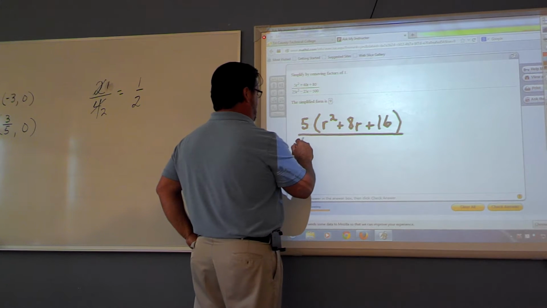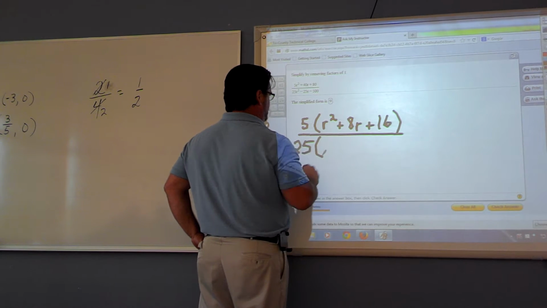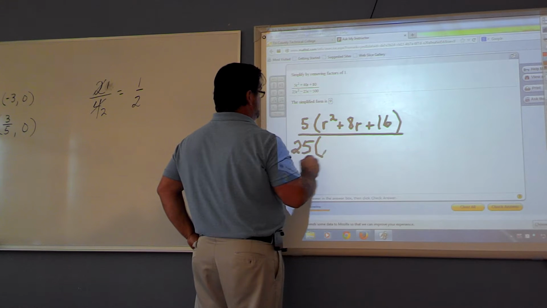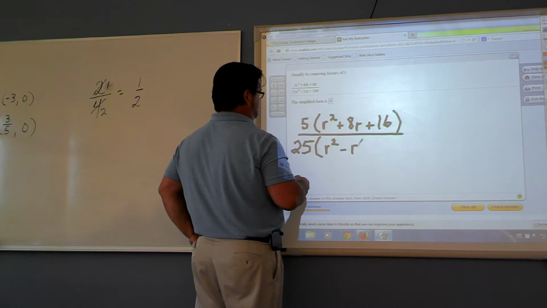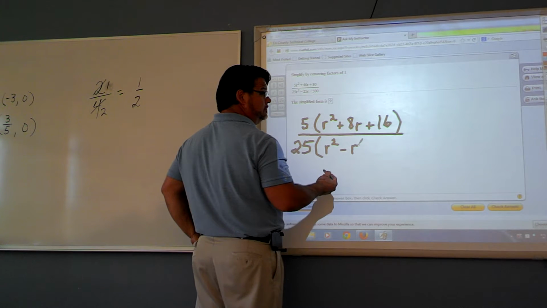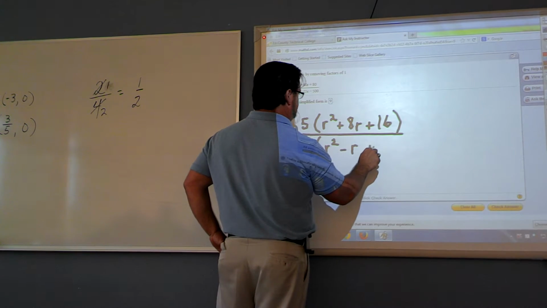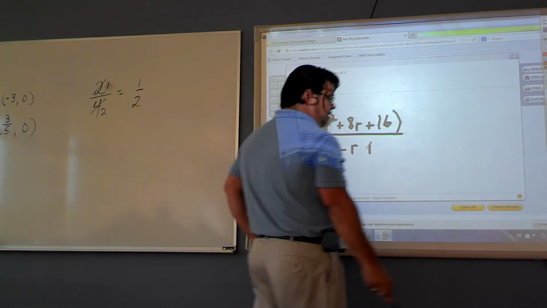25, factor out 25. R squared minus R, somebody, what is that? 16? 20. Plus 20 would be minus 20.